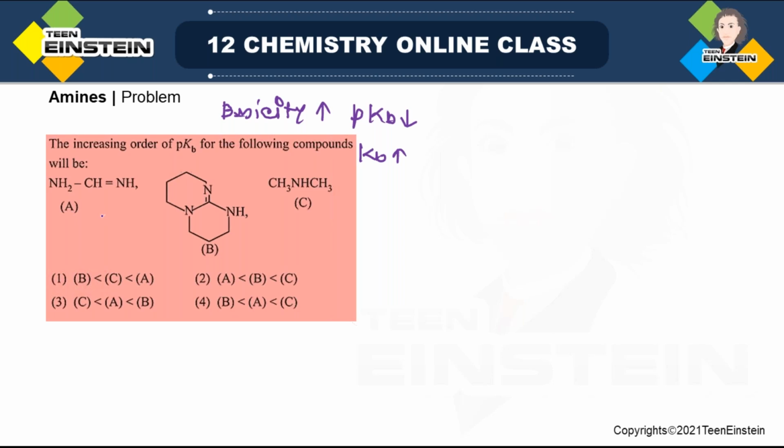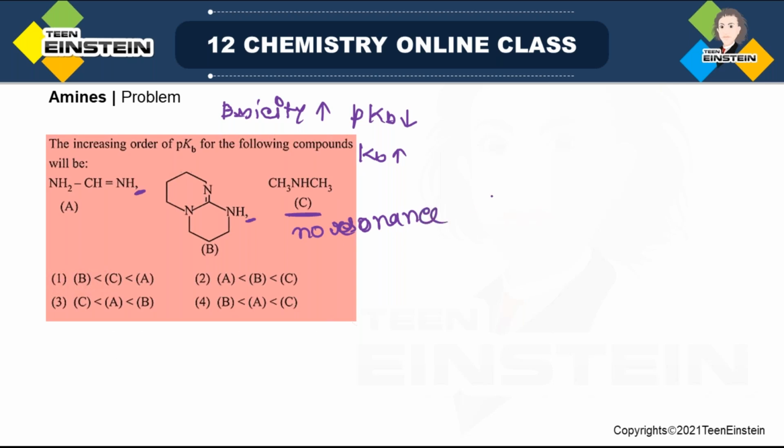The first molecule is NH2CH double bond NH. Then we have this cyclic structure where 3 nitrogen atoms are there. Sorry, it is a comma, don't think it is NH2, it is simply a comma. And then we have dimethylamine. Now in molecule C, no resonance is possible.